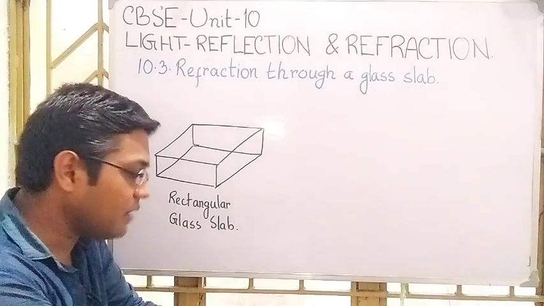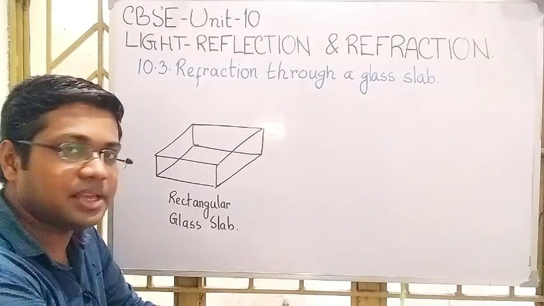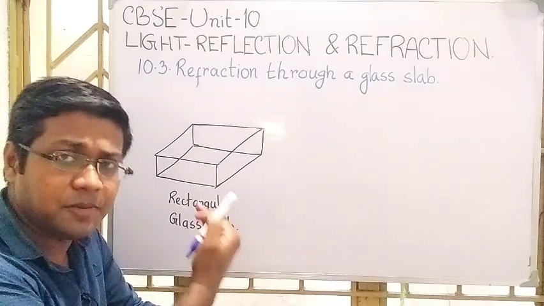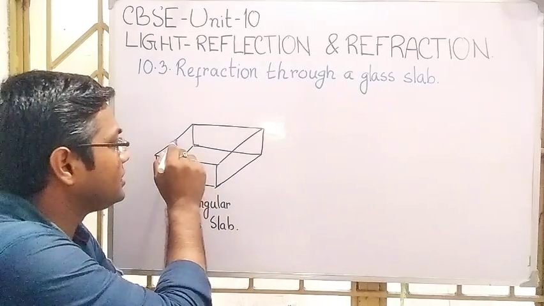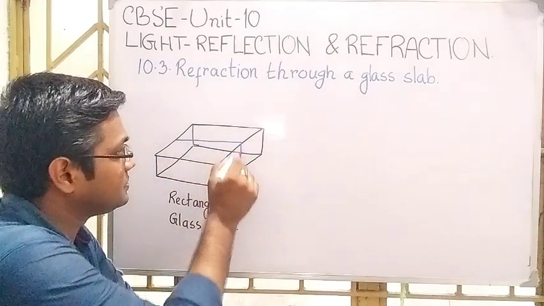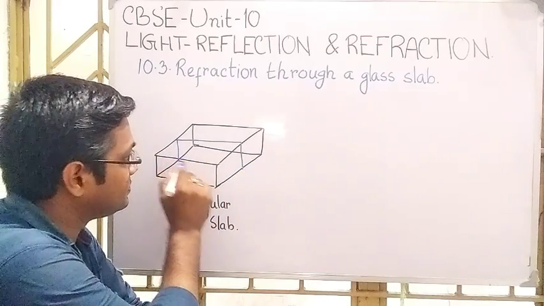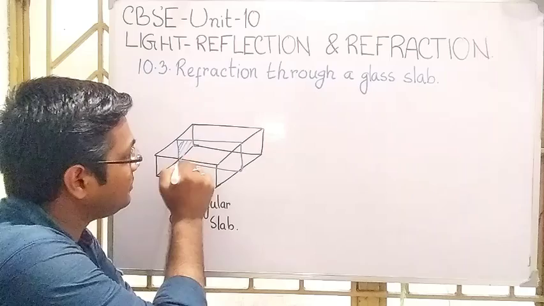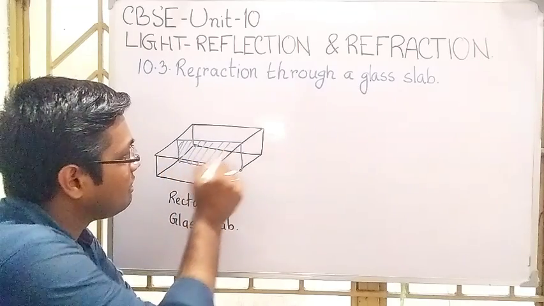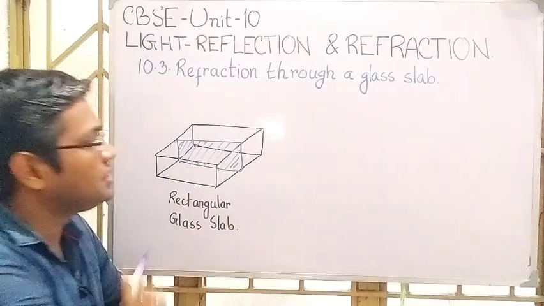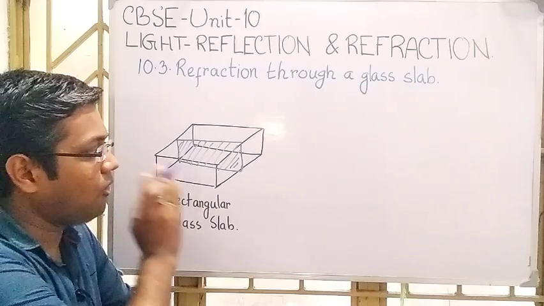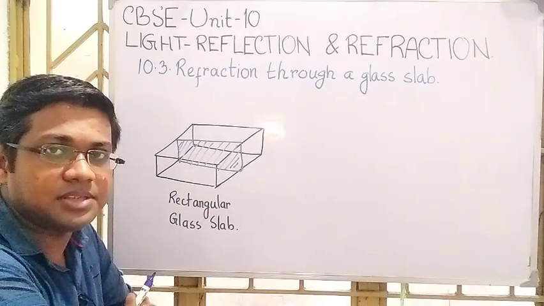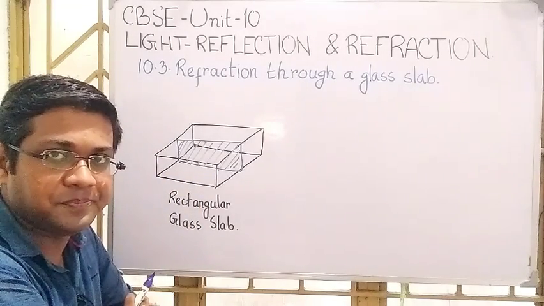If I take a section perpendicular to the faces, just like this, then this section can be called the principal section of the glass slab.